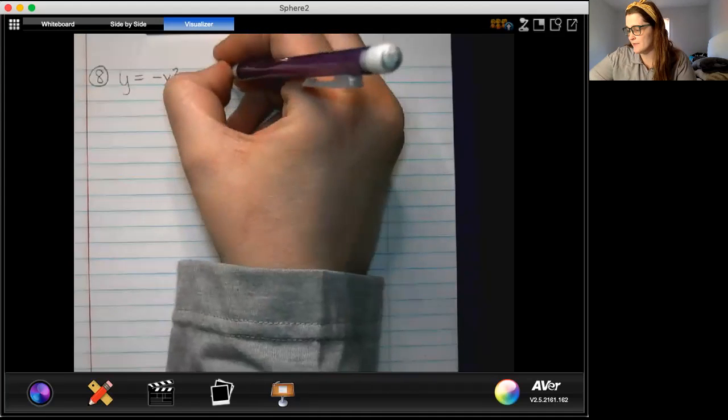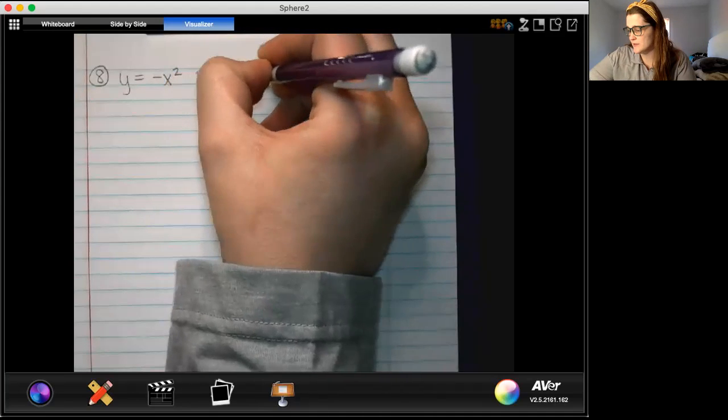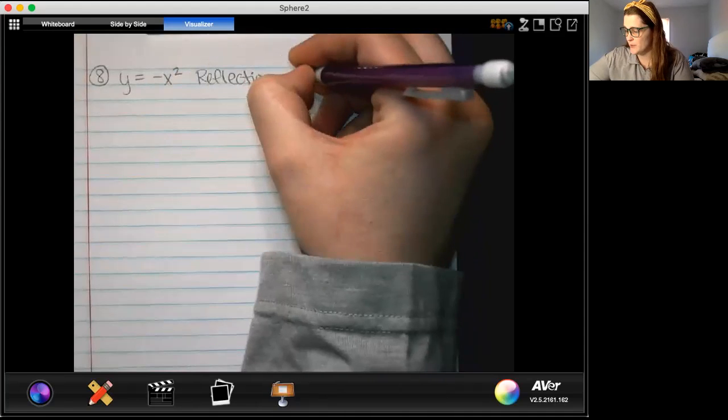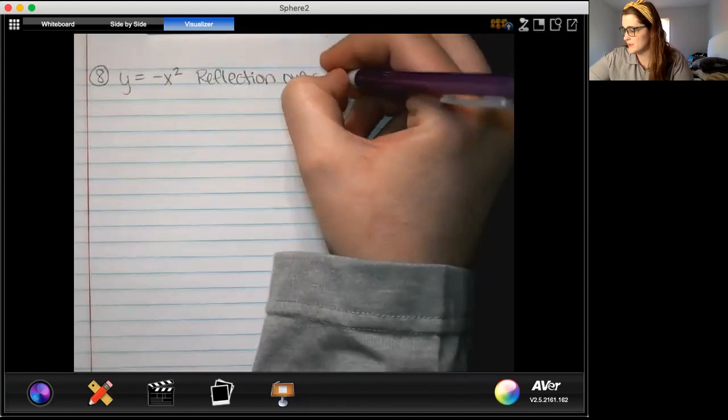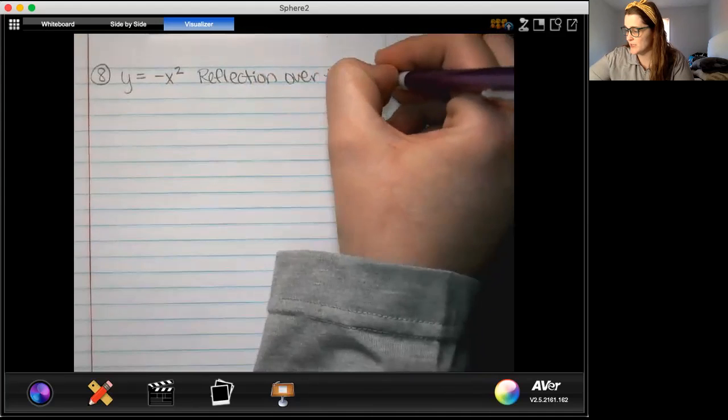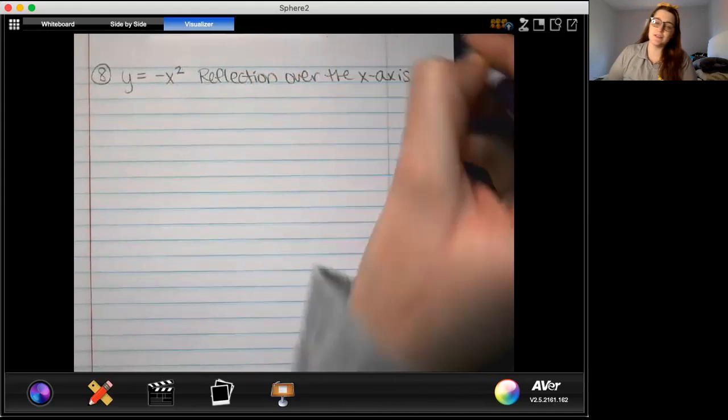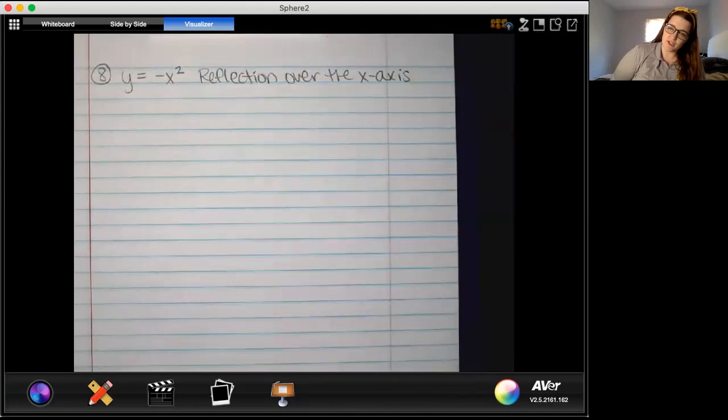This one doesn't have a very fancy way of saying it, but of course, it is important that you do say over the x-axis, because although there is a reflection over the y-axis, and although you won't really learn it till your junior year within the IB courses, you can't just say reflection, okay? It is reflection over the x-axis.